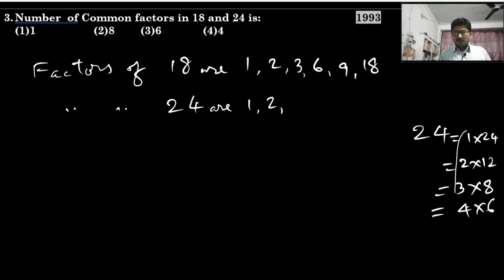So up to down, down to up. This is the process of finding factors: 1, 2, 3, 4, 6, 8, 12, 24.